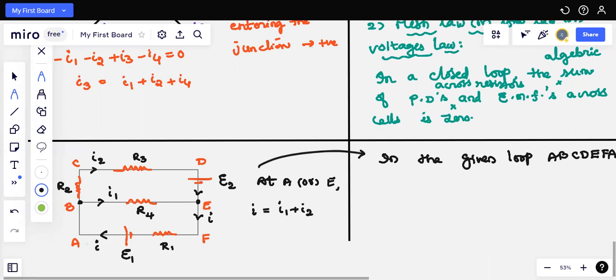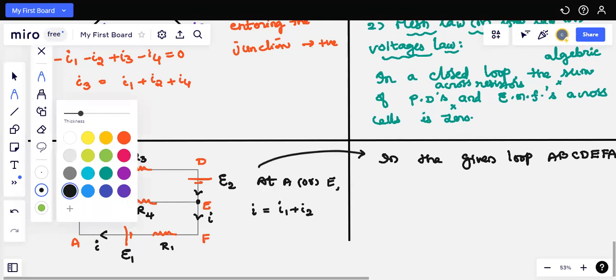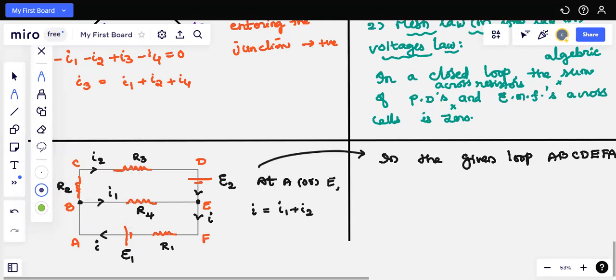So first, from A to B, nothing is there. Next, from B to C, there is one resistor, R2. Across the resistor, how do you calculate the potential difference?